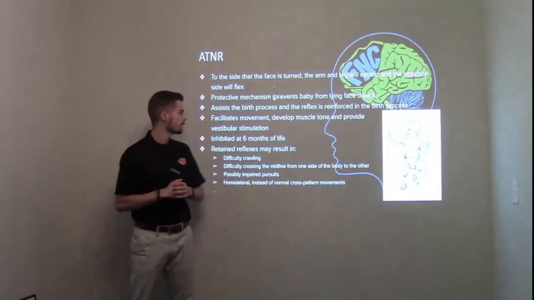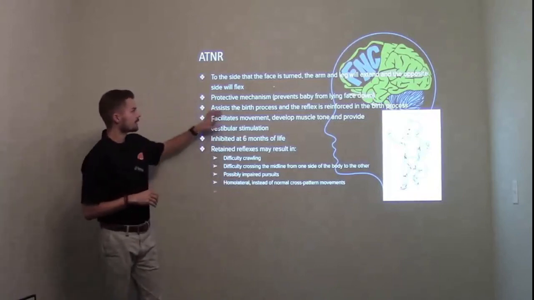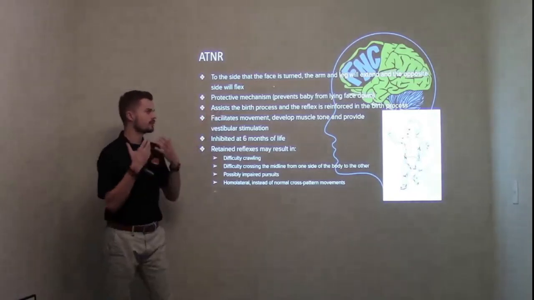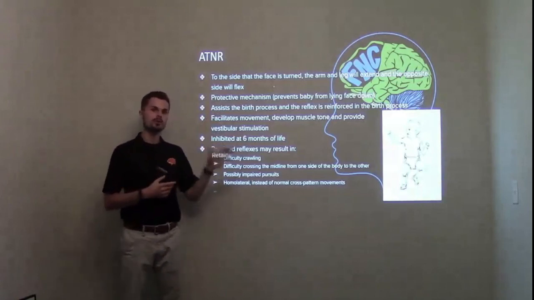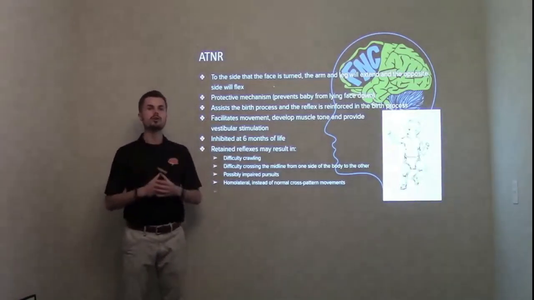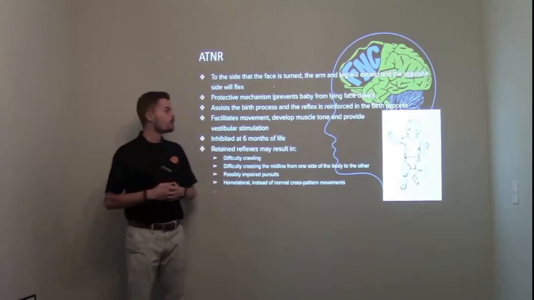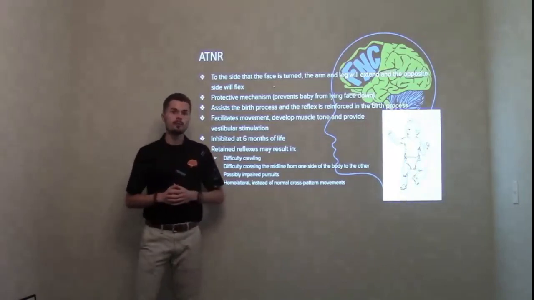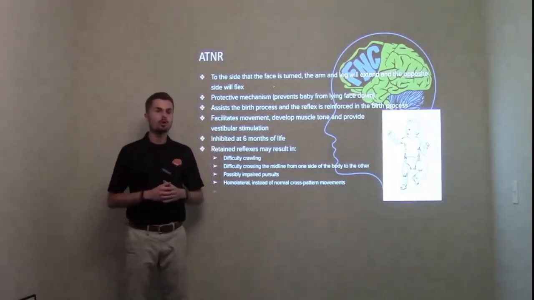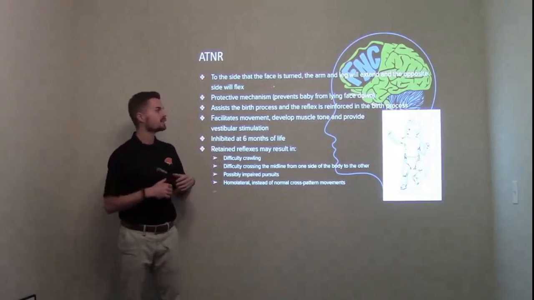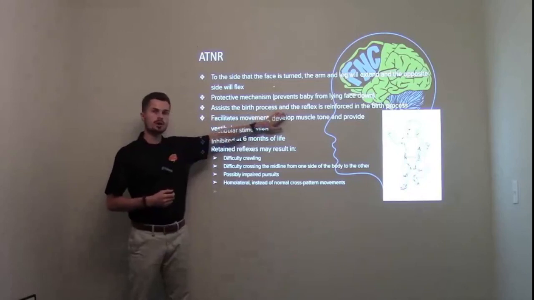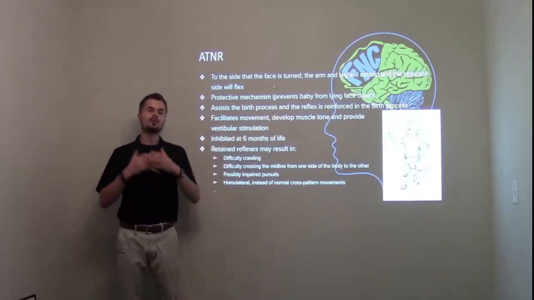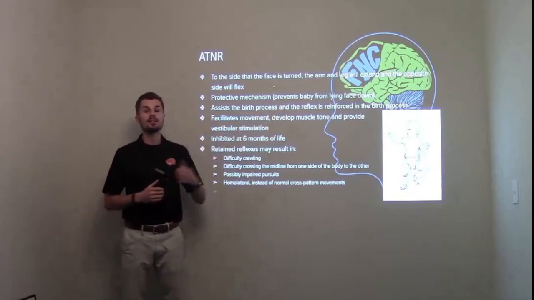One thing is that the birthing process actually reinforces it, and when you reinforce this reflex during birth, you increase the neuronal development. Babies who are born by cesarean section or have other complications and didn't go through the normal birthing process didn't get this primitive reflex reinforced, and that could be one cause of a baby having a developmental delay.